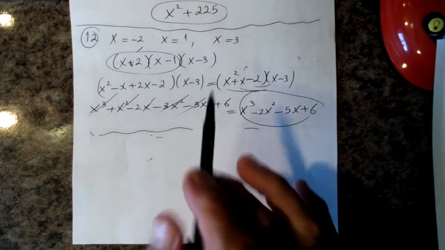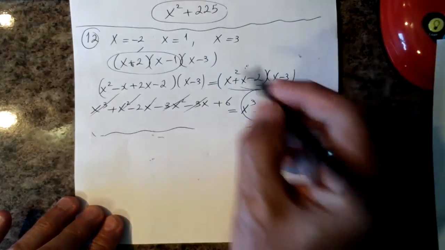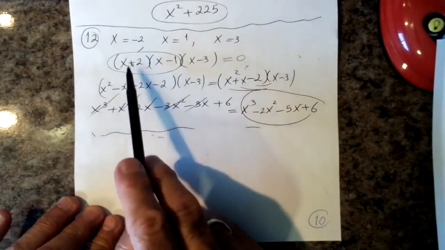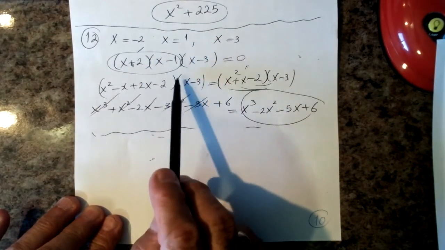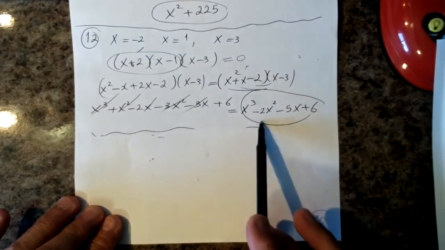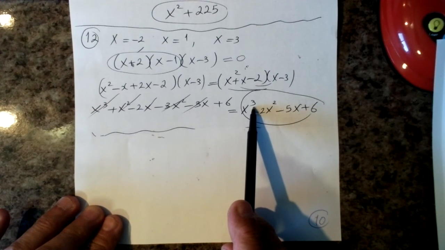The last one, there are 3 answers. In that case, there are 3 parentheses. Negative 2, the opposite is positive 2. 1, the opposite is negative 1. 3, the opposite. When you multiply the whole thing, that would be your third degree equation. See, the highest degree of x determines how many total answers you have.